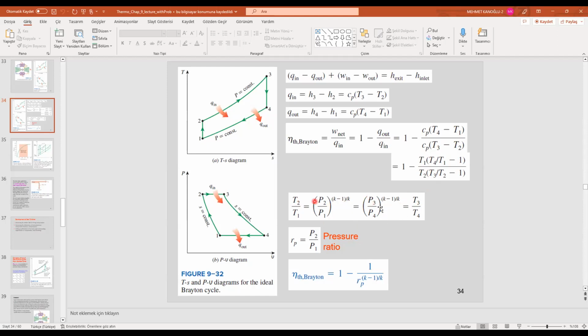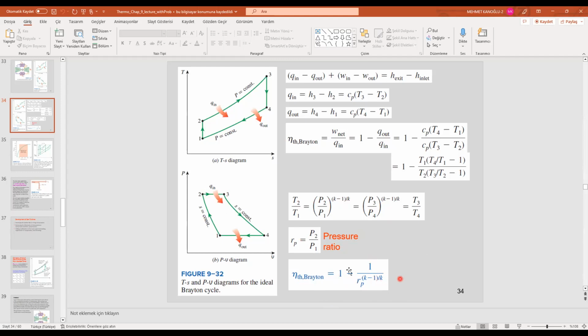Using these isentropic relations, we make a new definition, which is the pressure ratio. P2 over P1 in the compressor is called the pressure ratio. Using this pressure ratio, the Brayton cycle thermal efficiency becomes 1 minus 1 over Rp to the power (k minus 1) over k.